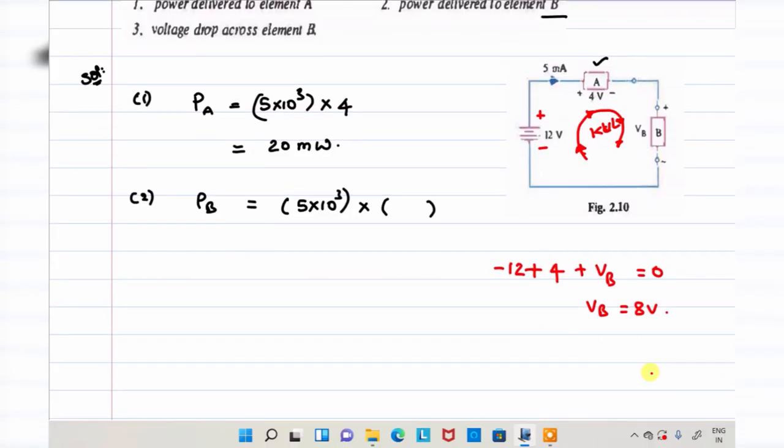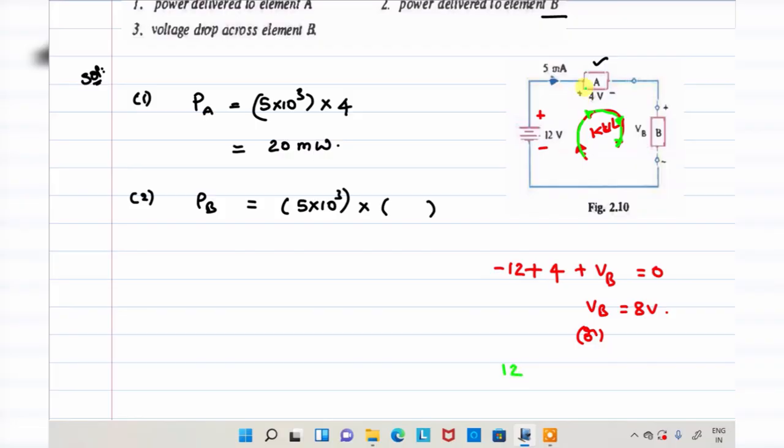Another convention I am also explaining to you for your understanding. In this case, this arrow, another convention, will give the same result. Whichever convention is easy for you, you can follow that convention. This arrow from negative to positive means rising potential, and in that case you can take it as positive.